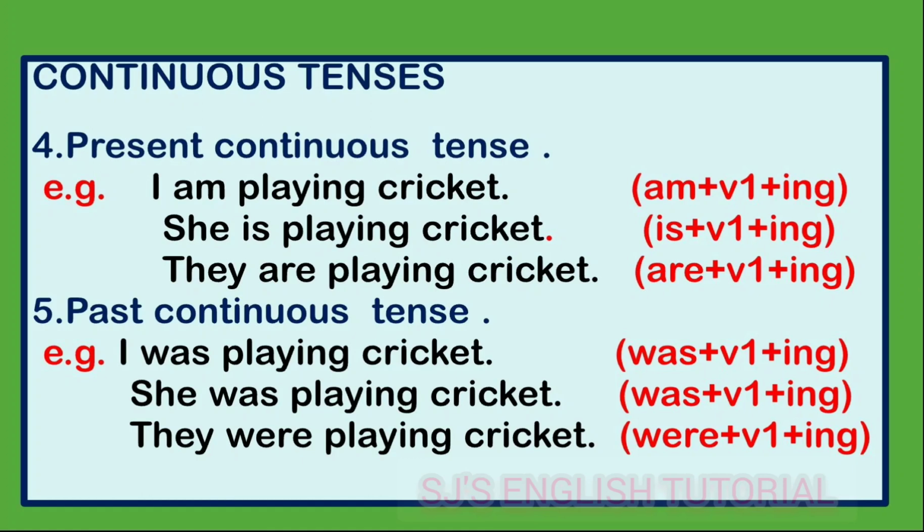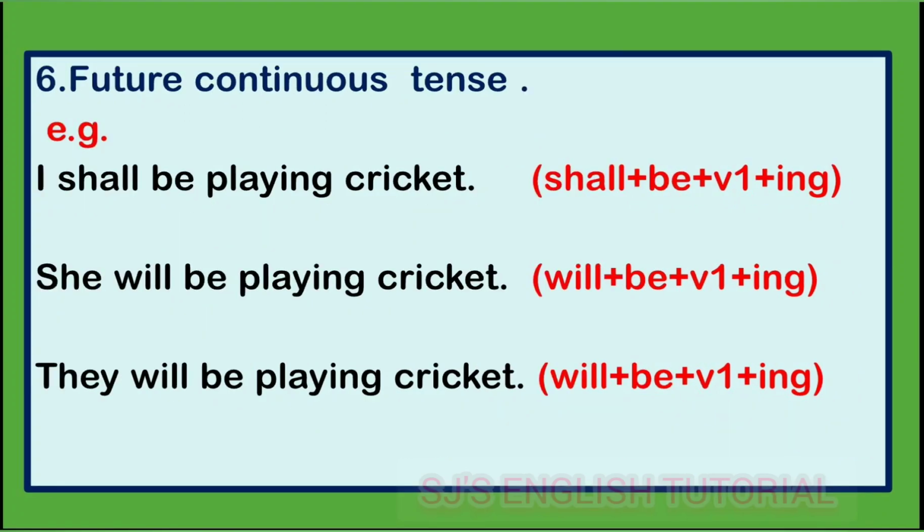Example: I was playing cricket, she was playing cricket, they were playing cricket. See the structure of the verb here: was plus V1 plus ing or were plus V1 plus ing. With the singular subjects and the personal pronoun I, we use was plus V1 plus ing, and with the remaining plural subjects we use were plus V1 plus ing.